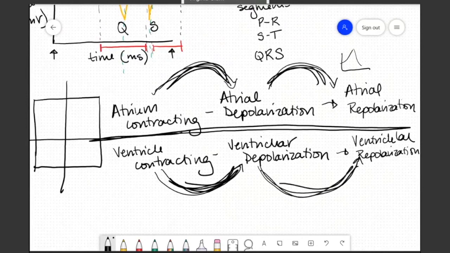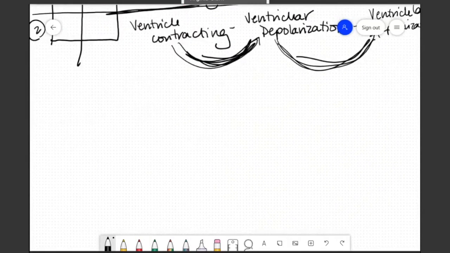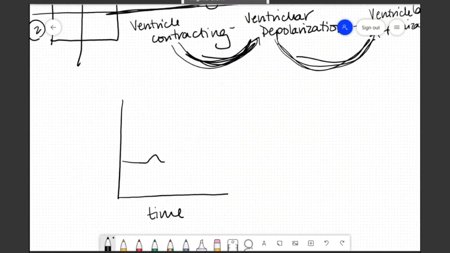We're going to talk about that at a later section, but what I want you to get used to with these terms is when we are looking at our electrical potential through an EKG. Okay, so we are going to have P, Q, R, S, T. When we're looking at this, how do we put these two worlds together?